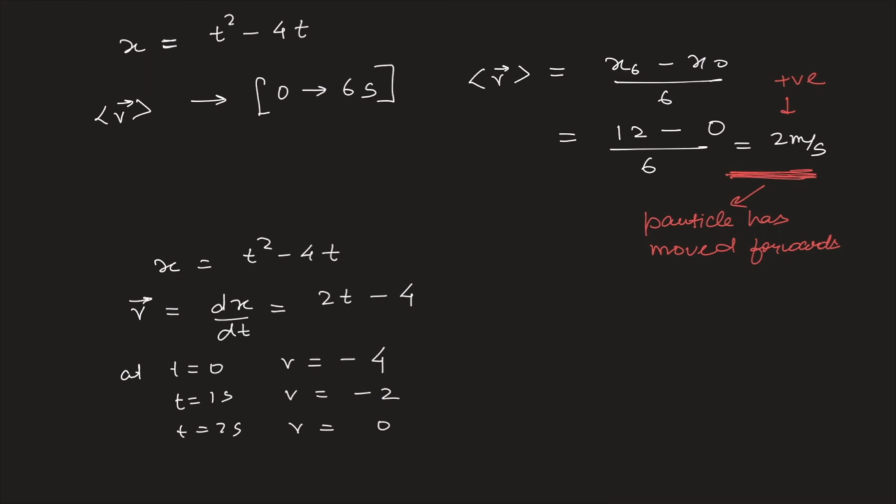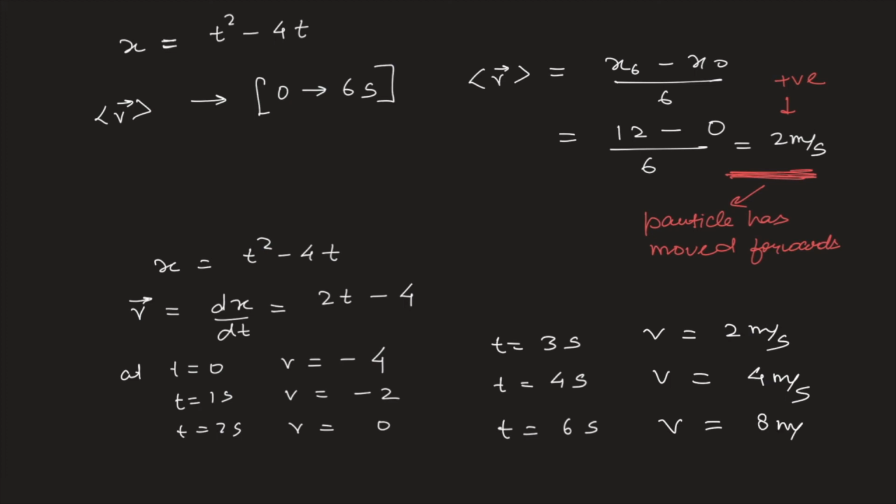Let it be here, so I can write it over the right side. Okay, so t equals 3 seconds, instantaneous velocity is 2 meter per second. T equals 4 seconds, the instantaneous velocity is 4 meter per second. T equals 6 seconds, let's say the instantaneous velocity is 12 minus 4, that is 8 meter per second.